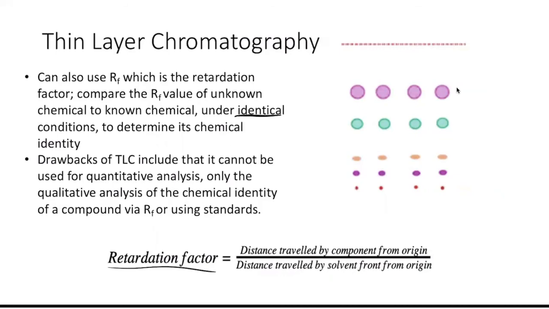A few drawbacks include that you can't use it for quantitative analysis, which would tell us the concentration of this solution, or the concentration of a particular compound in that solution. That's a drawback you should be aware of. Thin layer chromatography is quite limited, so you can't do as much with it as with other types of chromatography.